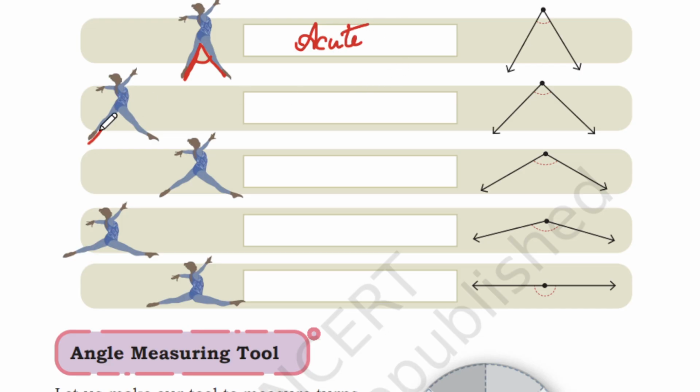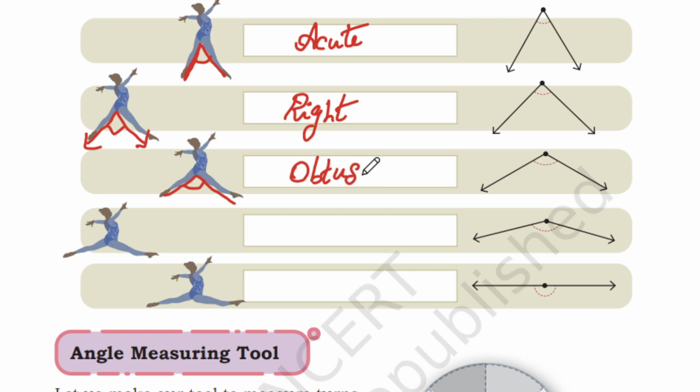And next we have the straight one. I'm sorry, the lines are like straight, it's like L shape, so it is a right angle. And next we have the shape more than a right angle, so it is an obtuse angle.